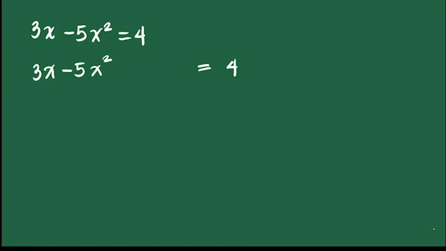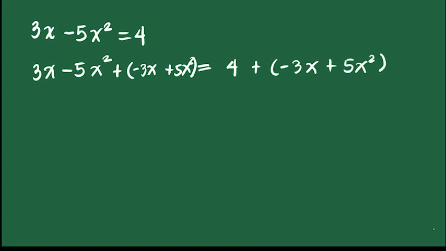So let's add negative 3x plus 5x squared, also on the other side of the equation. To make it clearer, let's rewrite this one.